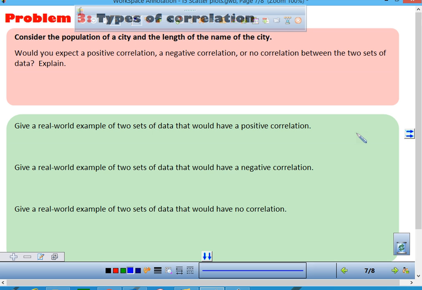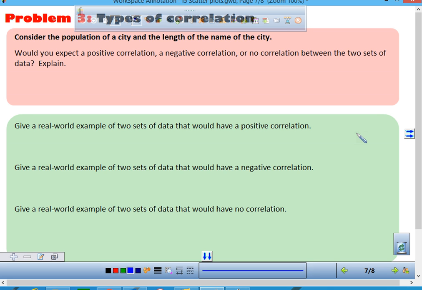Why aren't we the capital? Because Bismarck's centralized. It's in the center of the state. A lot of times, if you look on a map, most of the capitals are going to be in the center of the state. Not all. But a lot of them, they try to centralize the capitals. Okay? So, no correlation. They don't affect each other.